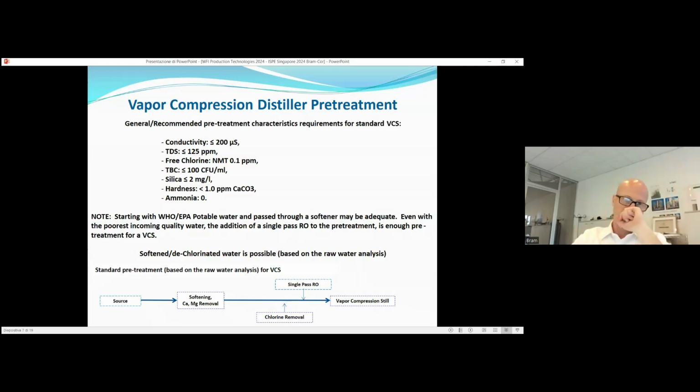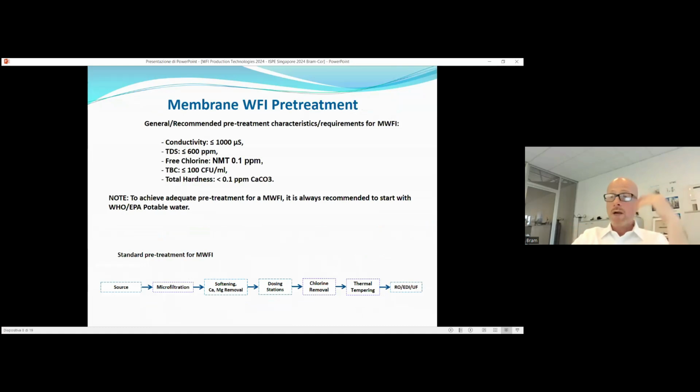When we talk about the membrane WFI, as anticipated, we are talking about the PW system with an ultrafiltration module at the end with certain characteristics added in order to make the machine safer than a PW generator.